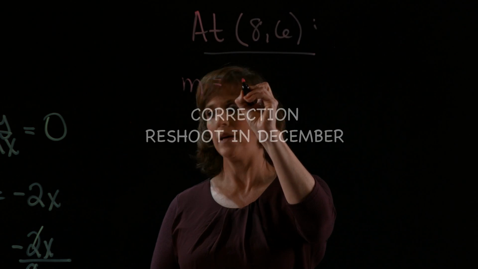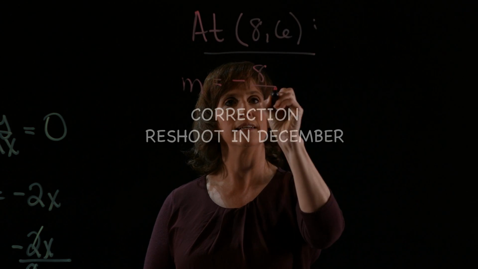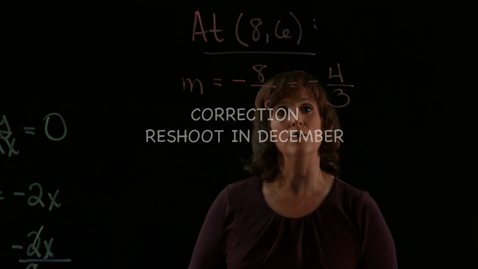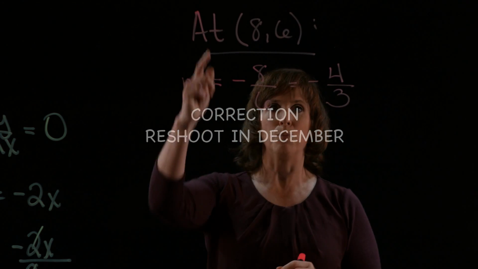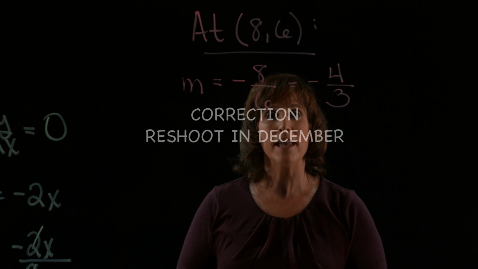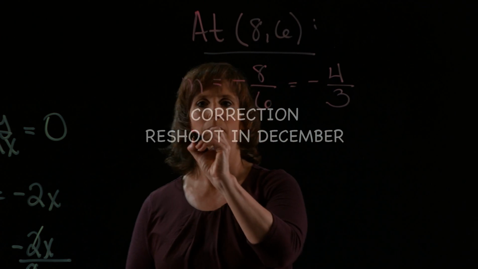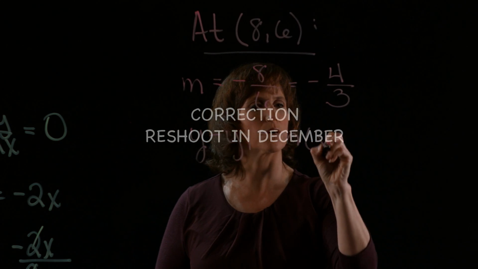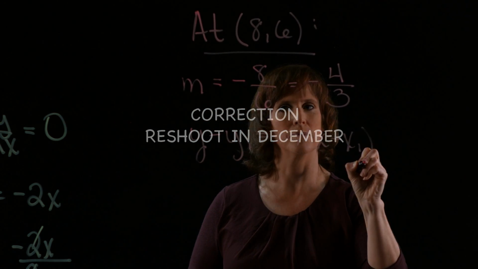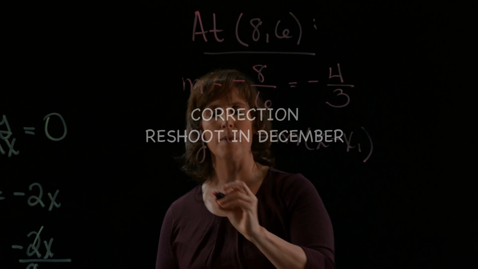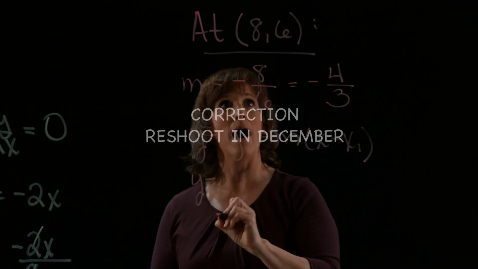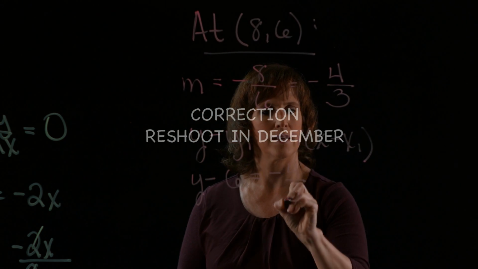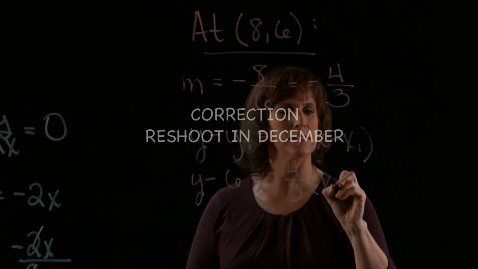So my slope is going to be minus 8 divided by 6, or in other words, negative 4/3. Now I have the point and the slope, so I can go ahead and use my point-slope formula. y minus y1 equals m times the quantity x minus x1. Plugging in the appropriate information, I have y minus 6 will equal negative 4/3 times the quantity x minus 8.